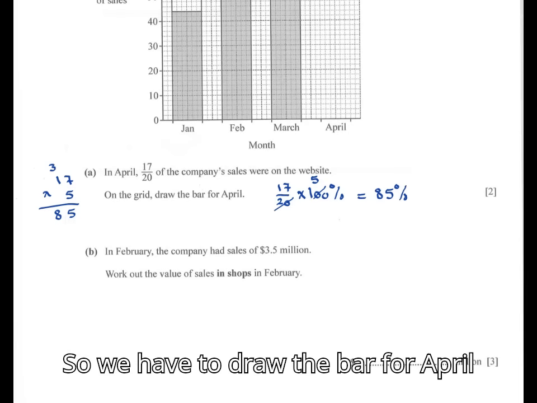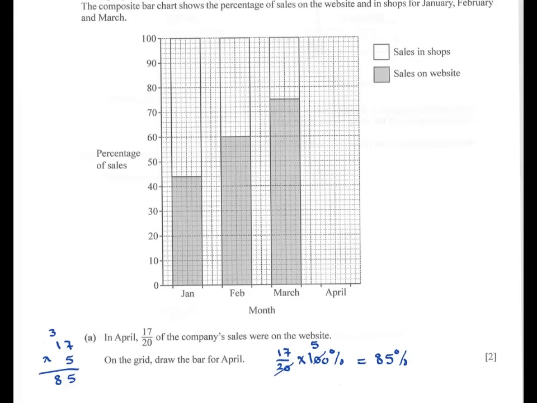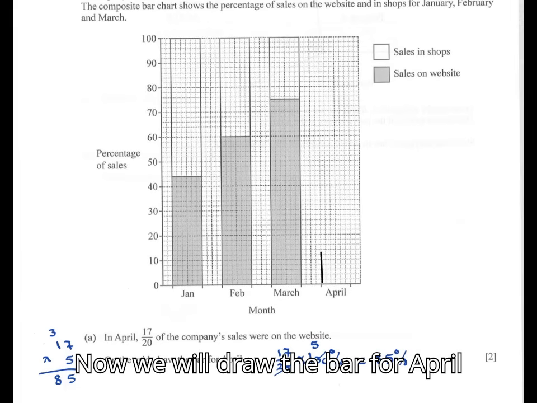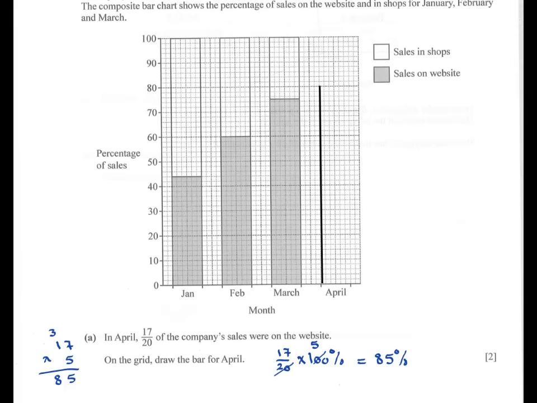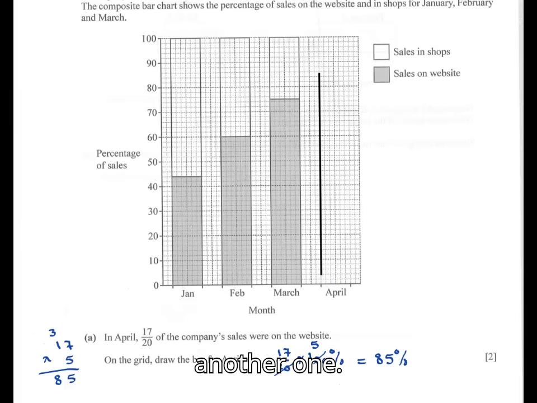So we have to draw the bar for April up to 85%. Now we will draw the bar for April up to 85% like this.